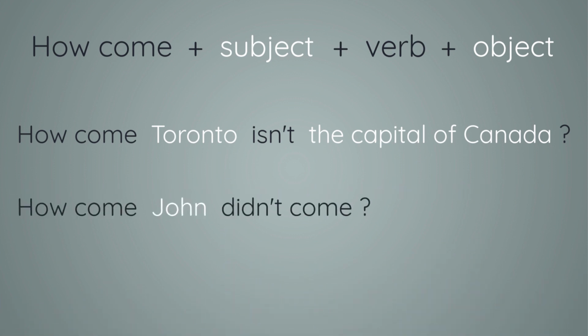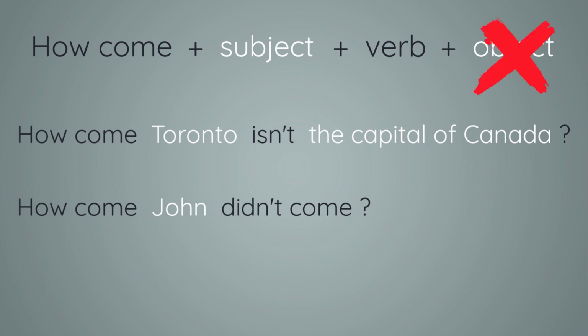How come John didn't come? So here we have how come at the beginning, John, which is the subject, and didn't come. Because it's negative form, we have didn't here. So this is the past tense. Didn't come is the verb, okay?